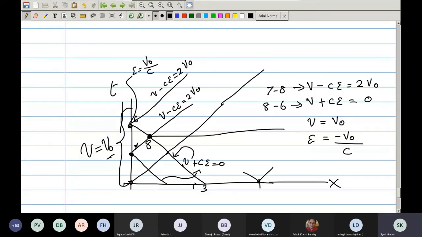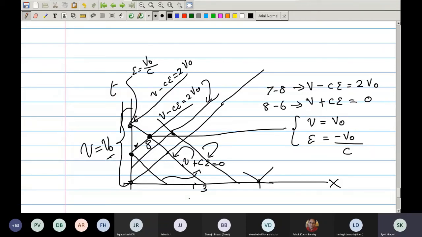Now let us talk about some point here. How can you find out the velocity and strain at this point? Again, build up lines. So you have one line coming like this and another line coming like this. This line is the same as before, and this line is nothing but v plus c epsilon is 0.